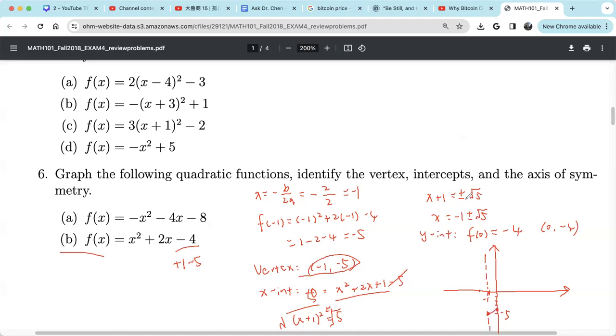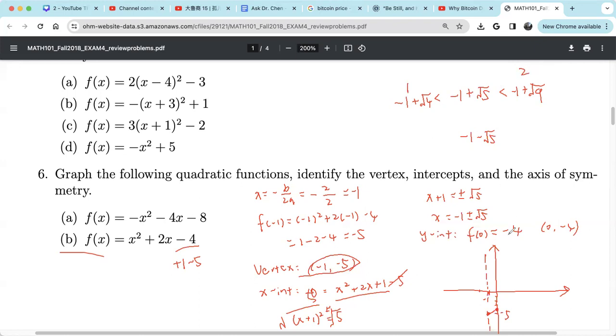And with this, we can graph. Oh, we need to graph the x-intercepts: negative 1 plus radical 5, and negative 1 minus radical 5. These two numbers are in between negative 1 plus radical 4 and negative 1 plus radical 9. Negative 1 plus radical 4 is 1, and negative 1 plus 3 is 2.